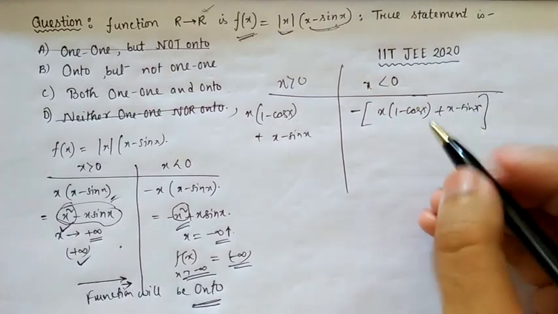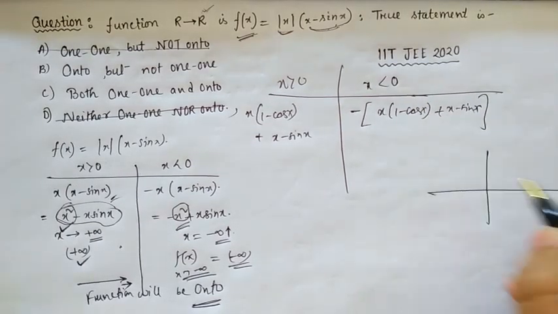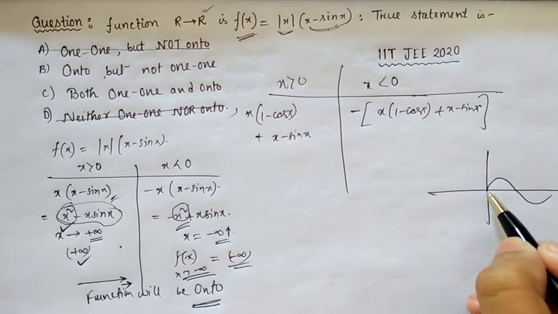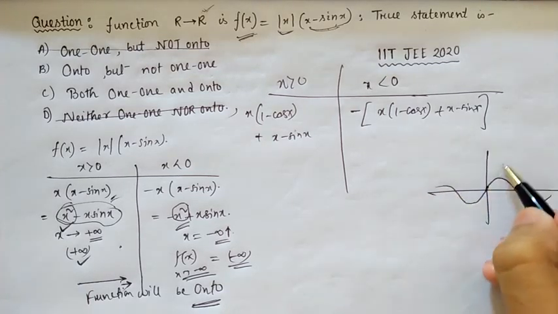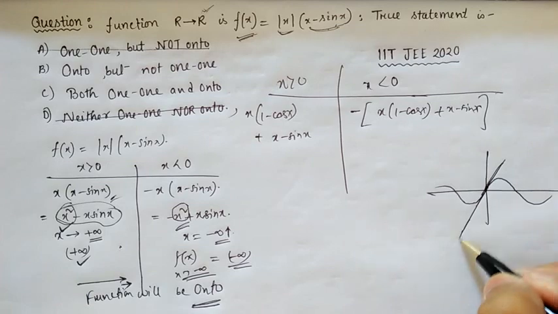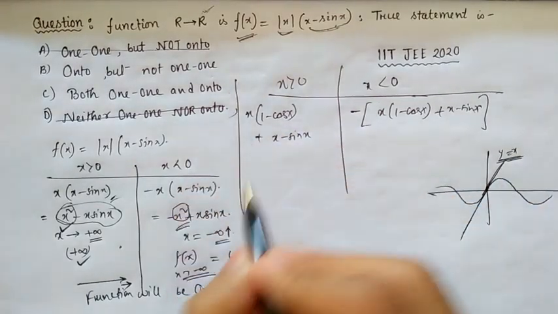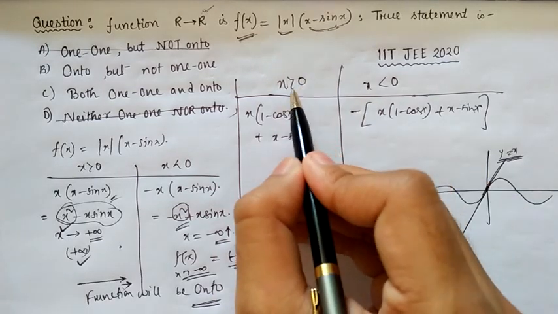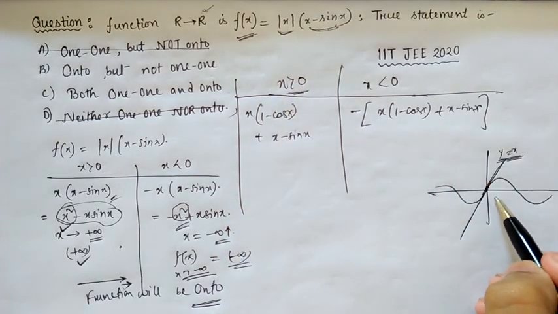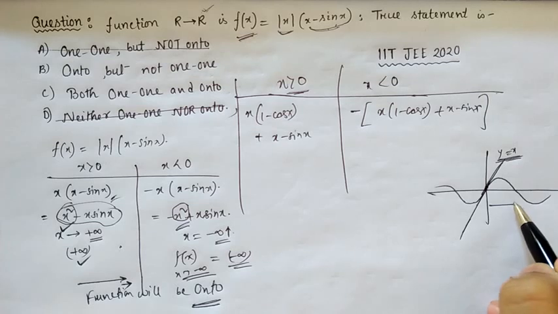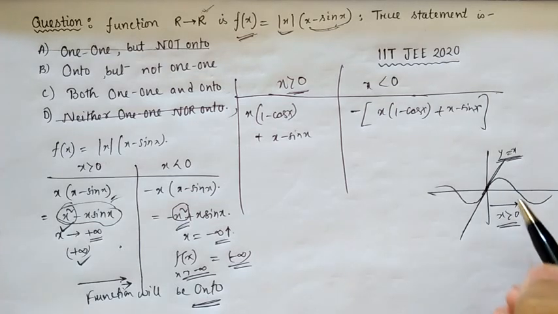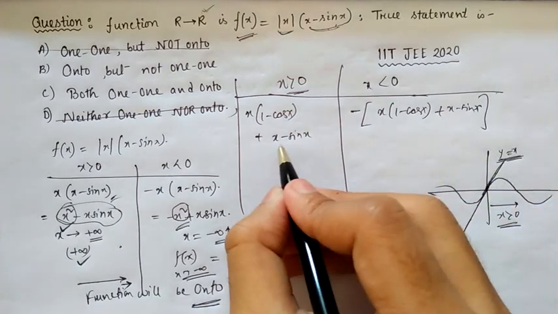We are all aware of the sin x graph. This is our sin x and this is our y equal to x line. So look here, for x greater than 0, we have x greater than sin x.